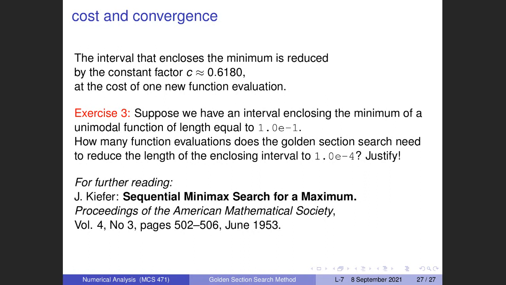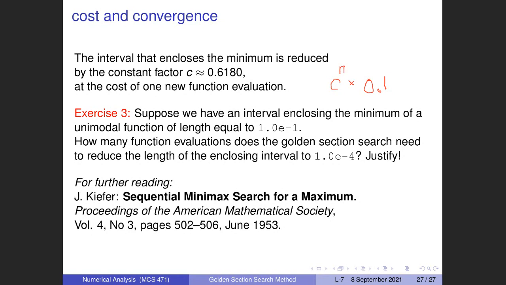I'm looking for a value of n such that, so I can write down the equation. We have C times 0.1. That's the beginning accuracy. And we're looking for the n here.